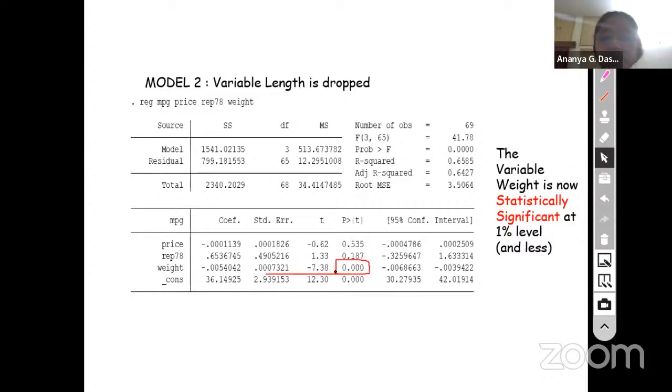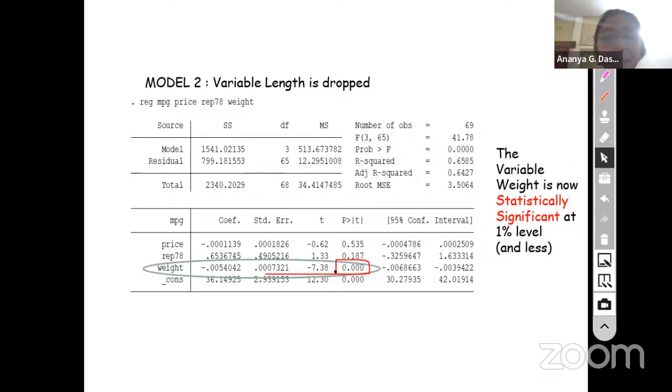This is exactly the problem that multicollinearity causes. If you remove one variable or add some observations and suddenly what was significant becomes insignificant, that's a clear sign of the presence of multicollinearity.